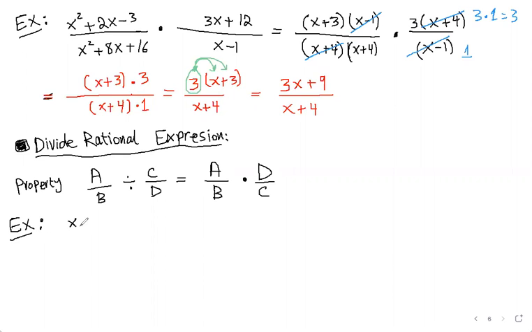x minus 4 over x squared minus 4, divided by x squared minus 3x minus 4 over x squared plus 5x plus 6.